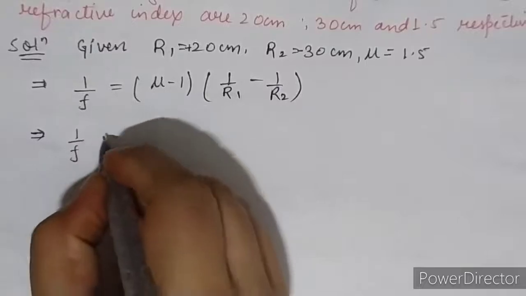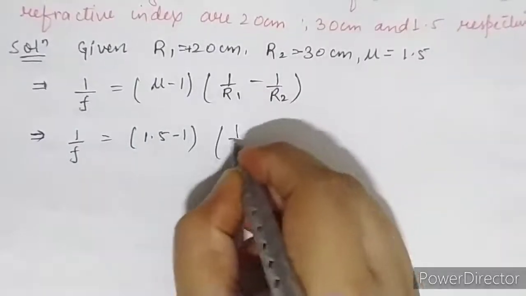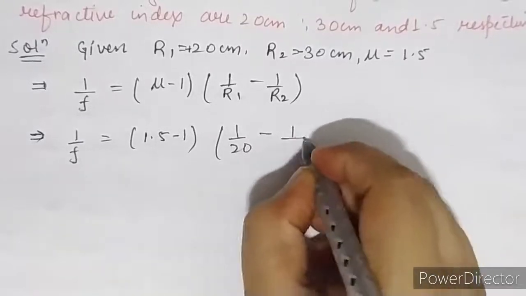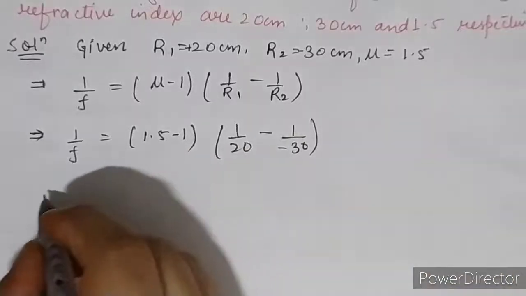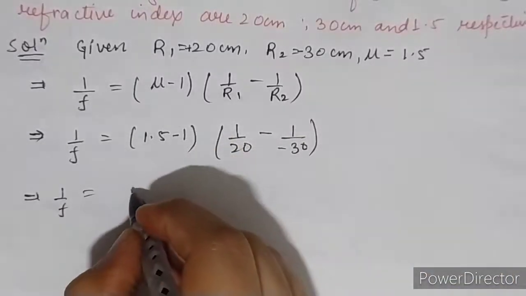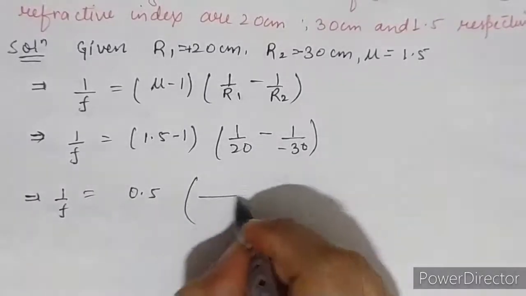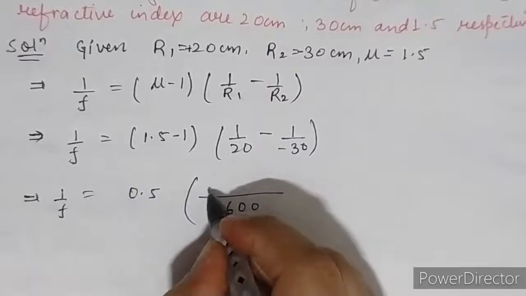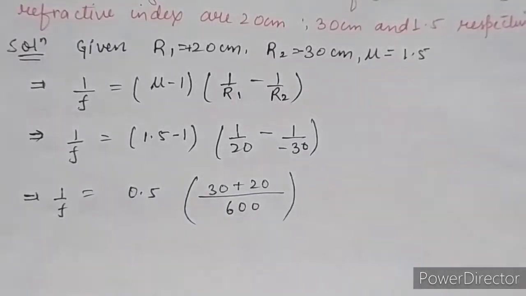1 upon f is equal to (mu minus 1) into (1 upon R1 minus 1 upon R2), which is (1.5 minus 1) into (1 upon 20 minus 1 upon minus 30). So the formula becomes 1.5 minus 1 is 0.5, the LCM will be 600, so 30 plus 20. Okay.